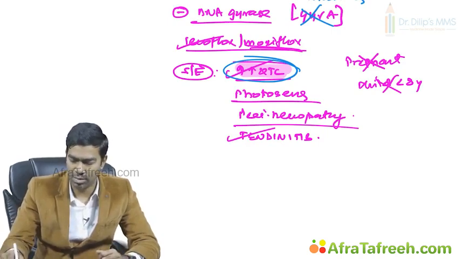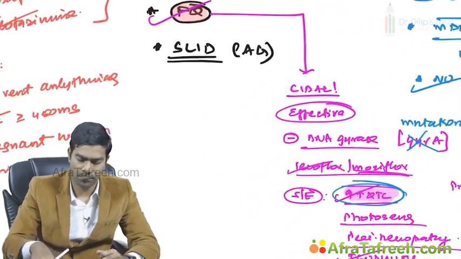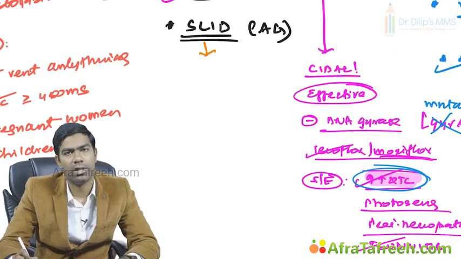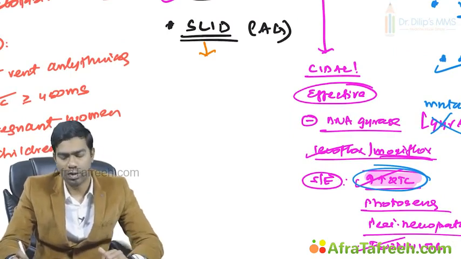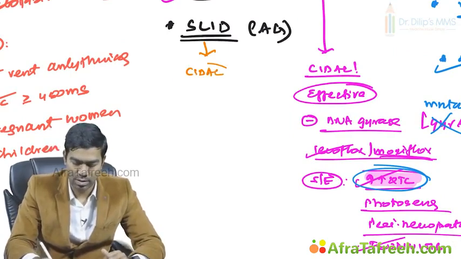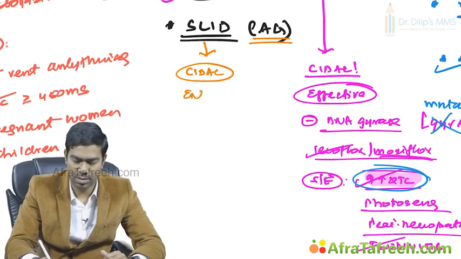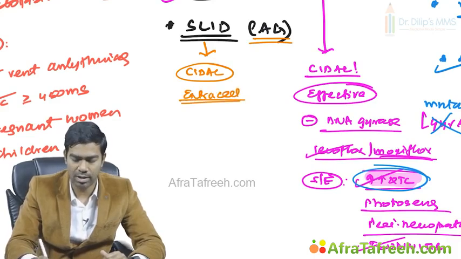So now let us see a few details on second-line injectable agents. Second-line injectable agents, I told you, are cidal. They are aminoglycosides, which means typically they will be acting on the extracellular bacteria only.